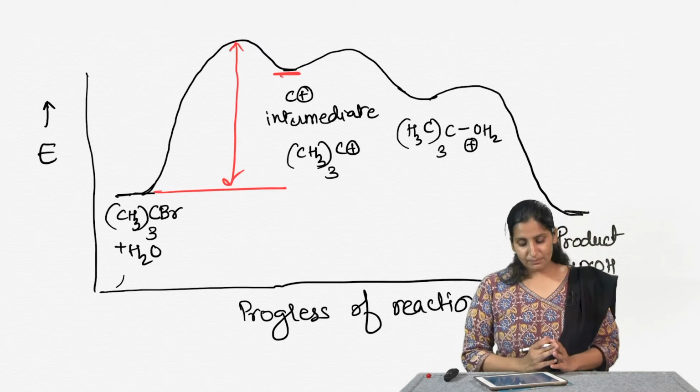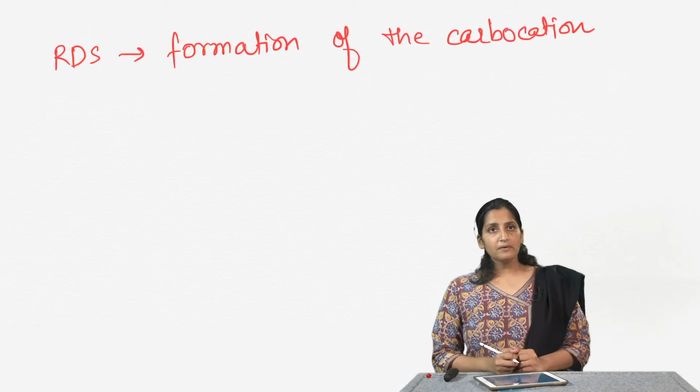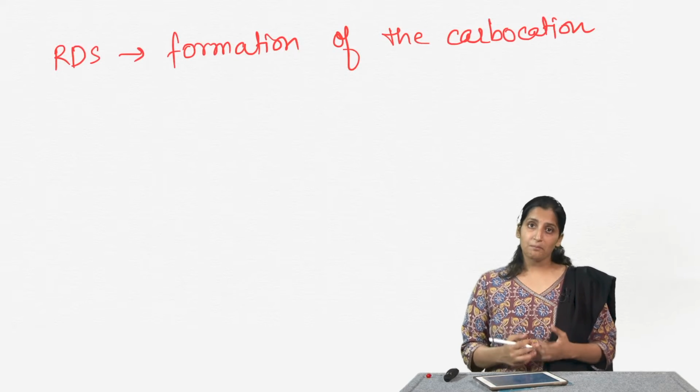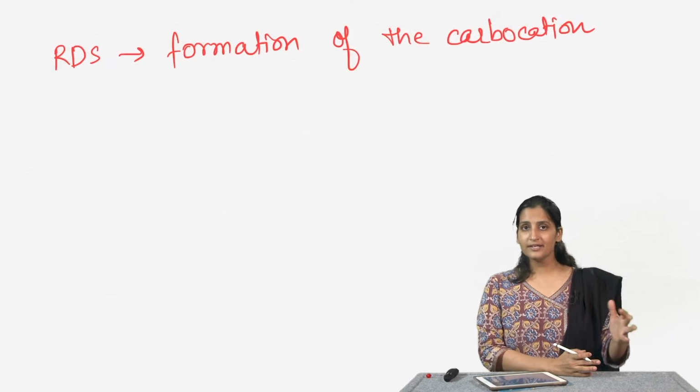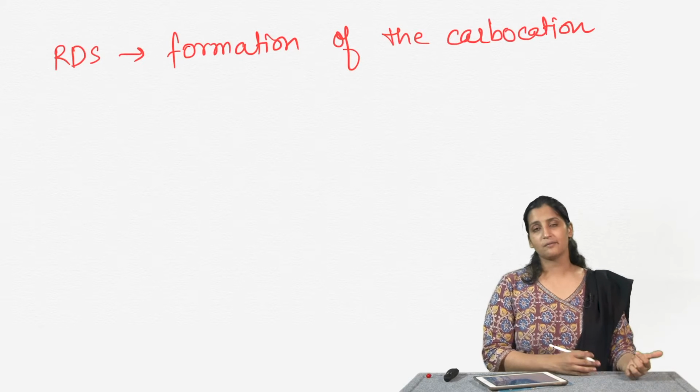So, the first step is the rate determining step of the reaction, and in any substitution nucleophilic unimolecular reaction, SN1 reaction, and we will go over why it is SN1, the rate determining step is always the formation of the carbocation. So, the RDS, remember that the rate of the reaction is governed by the rate determining step.